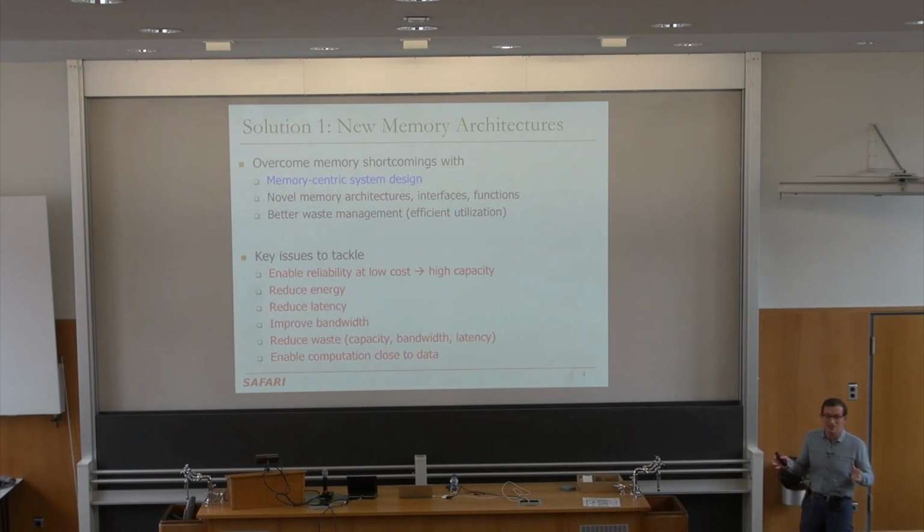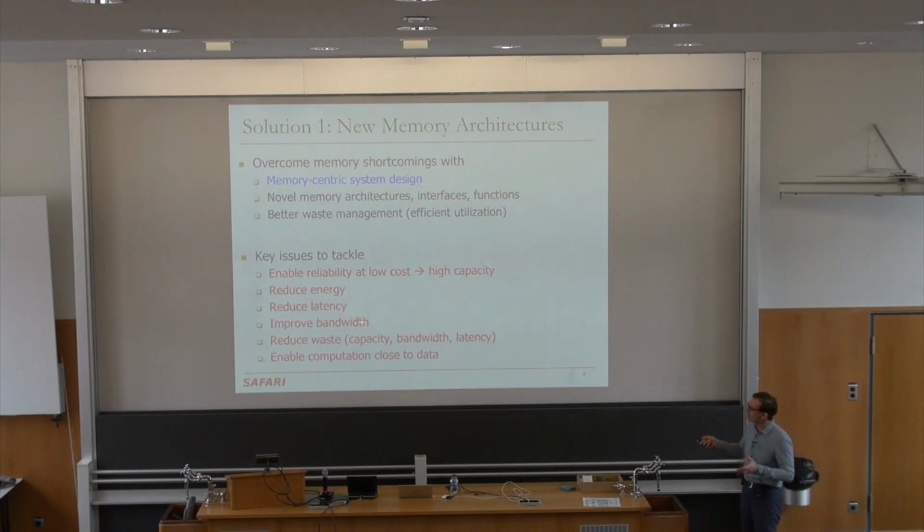Like activation, whenever you access memory, it's going to be very high power in some of these technologies that we will see, like phase change memory. Latency is going to be even a bigger issue in some of these technologies because fundamentally to access the device it will take longer. So we will see. Improving bandwidth will be important, especially write bandwidth will be an issue, especially in phase change memory.